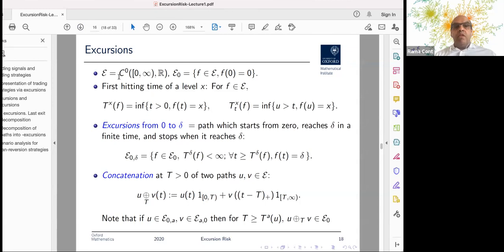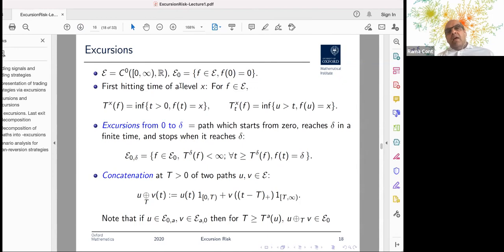So here are some notations. We will call E the set of continuous paths, real valued. And we will call E0 the set of such paths starting from 0. So if we slice our paths into every time they reach 0, then each piece will start from 0. Each piece will be in E0.